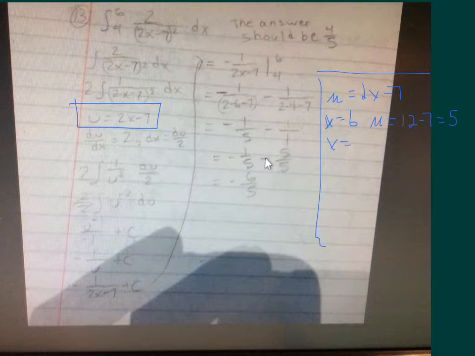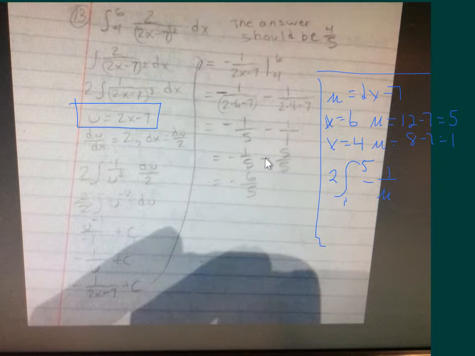When x equals 4, u will equal 2 times 4, which is 8, minus 7, which is 1. So now when you're doing your integral, it's easier if you just evaluate it over 1 to 5 for the negative 1 over u squared du.